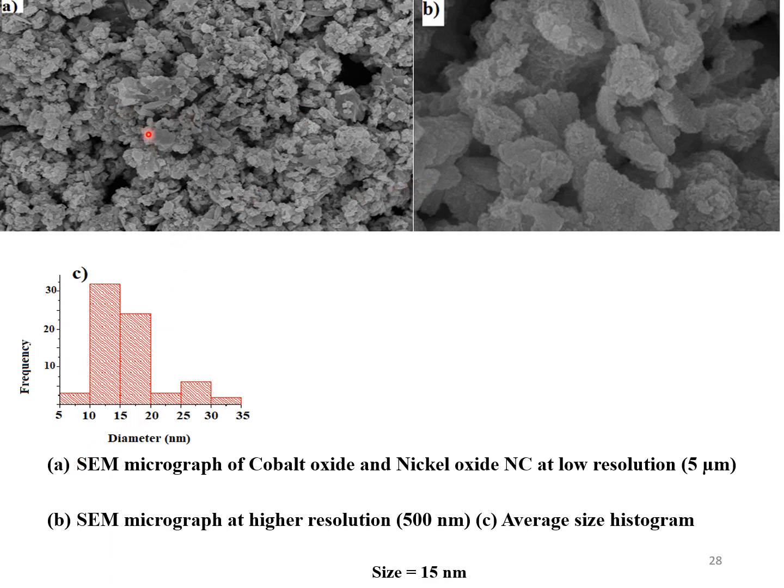In picture A, we can see the cobalt oxide and nickel oxide composite at low resolution. Then in the B part of this picture, we can see the resolution at 500 nanometer. Through SEM studies, we have found the particle size was equal to 15 nanometers.